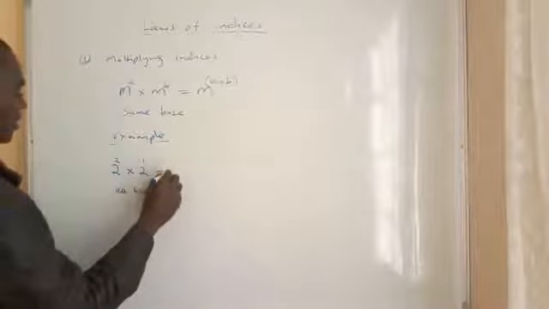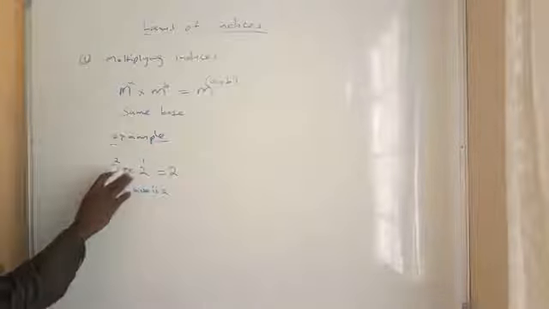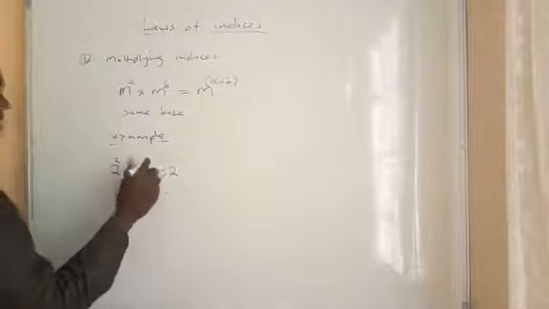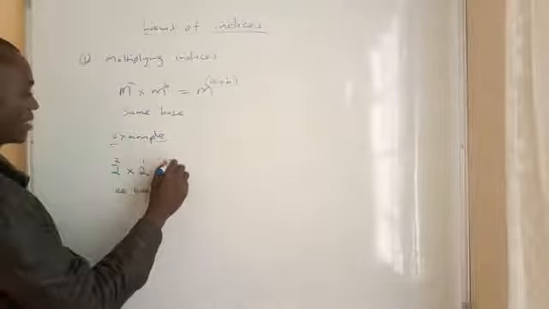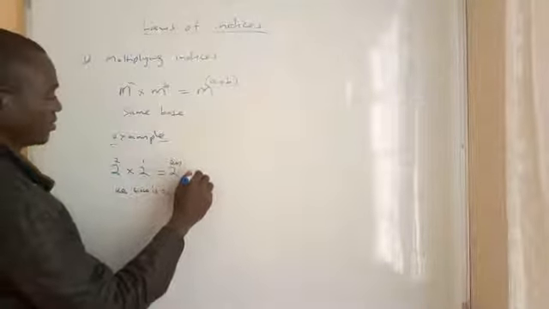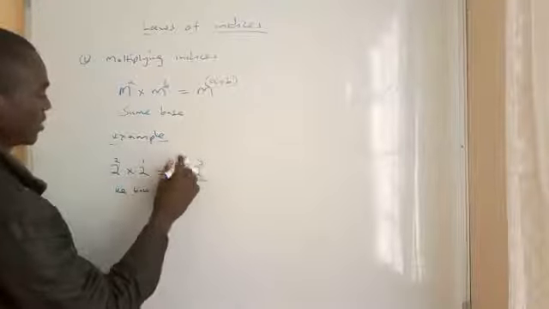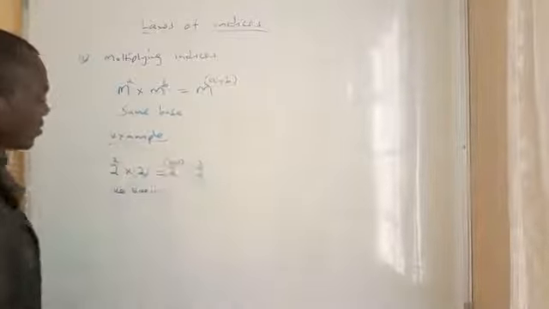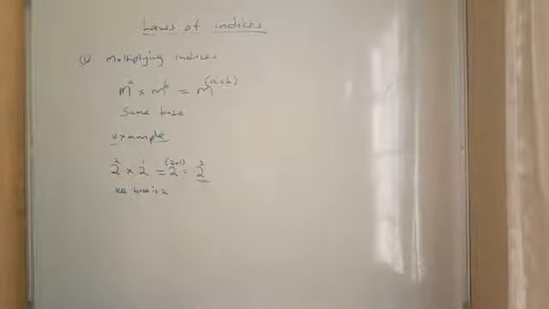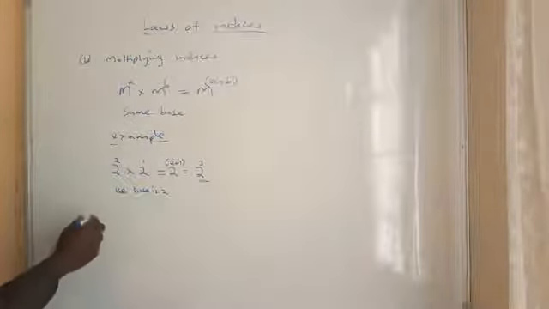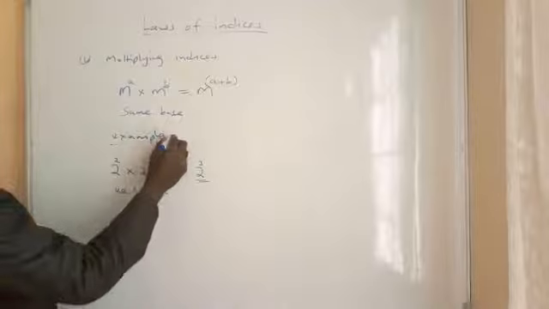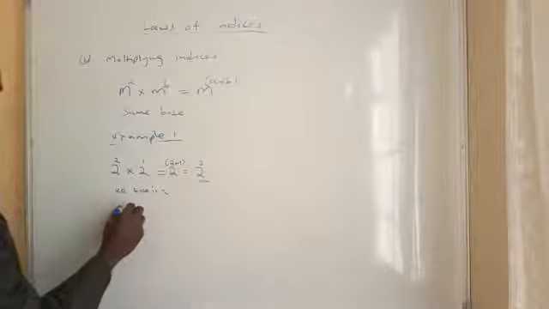Pick on one of the base, and if this is multiplication, then you add the powers, that is 2 plus 1. So the answer will be 2 power 3. 2 plus 1 becomes 3. Another example, that is example 1. Let's look at example 2.